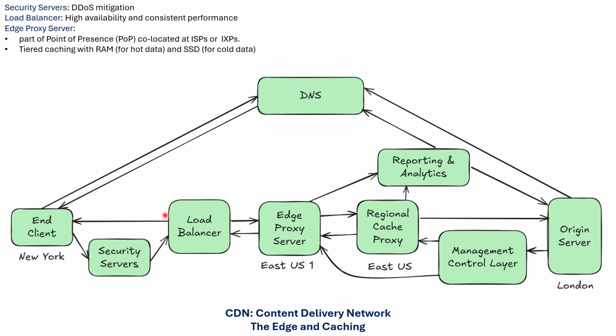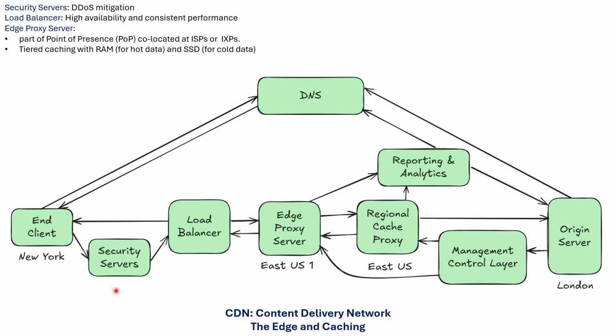Let us now talk about the edge and caching. Once the DNS has done its job, the request is sent to the CDN's edge proxy server, which is located in this case in East US 1, which is closer to our viewer who is in New York. Before the request reaches our server, it passes through security servers.